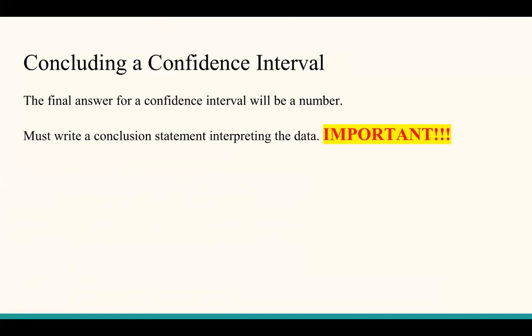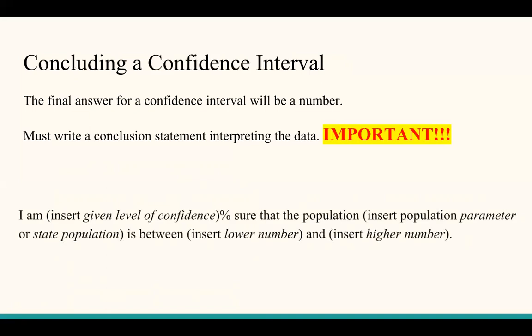That'll be your numeric answer, but you also want to write a conclusion statement interpreting your data, which is just as important, I think. It'll look something like this: I am 95% confident that the population proportion of Penn State students who have dogs, for example, is between 1.6 and 2.7.